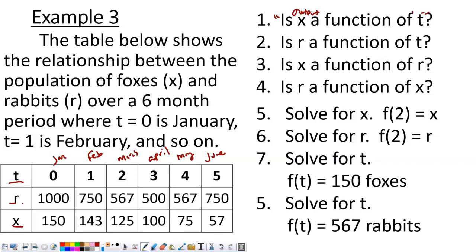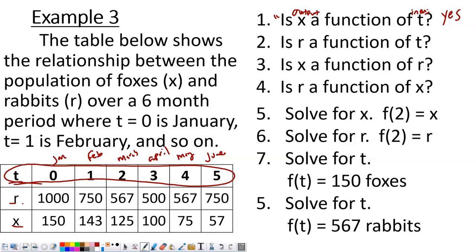The second one would have to be the input. So, is it possible for t to be an input? That's really all we care about. And the answer is yes, because there's no repeats. So we would say yes, because there's no repeating t values.